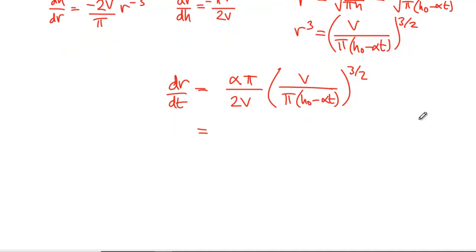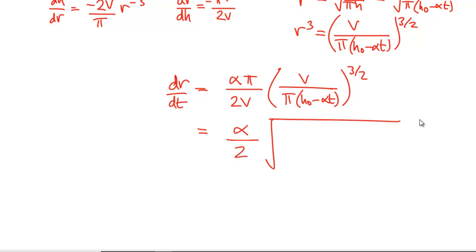Let's tidy it up a little bit, because we've got these pi's and v's that we can do some cancelling with. If you put all this in a square root, the alpha over 2 stands alone.